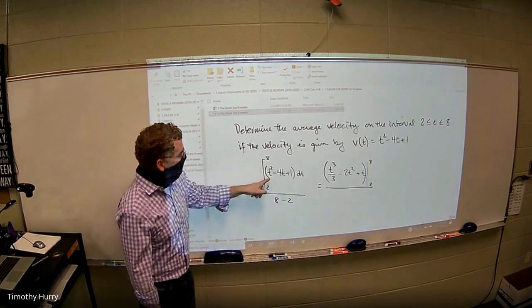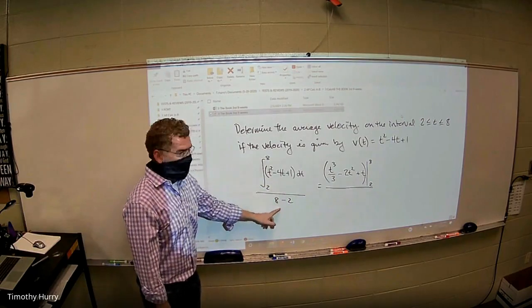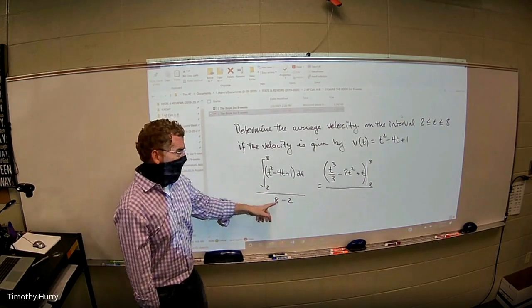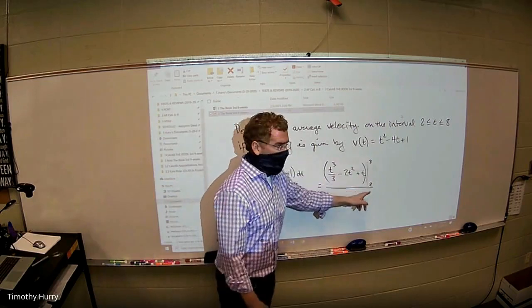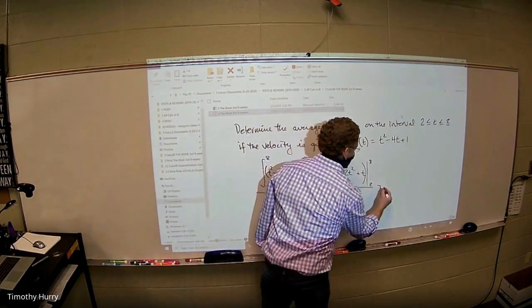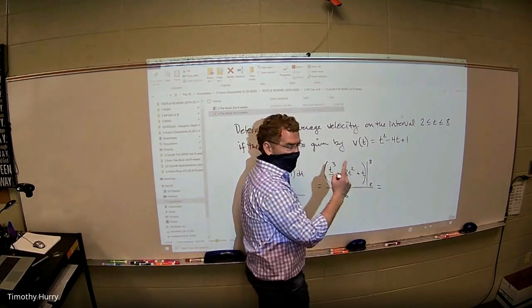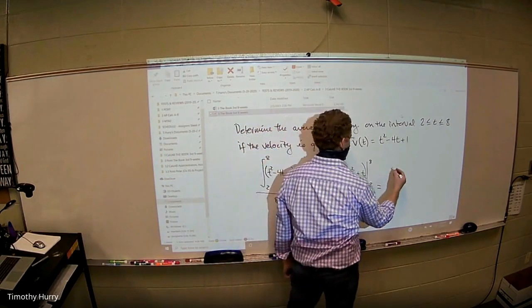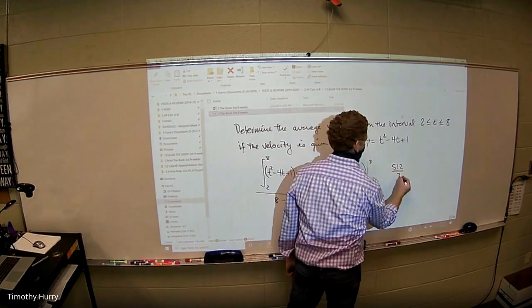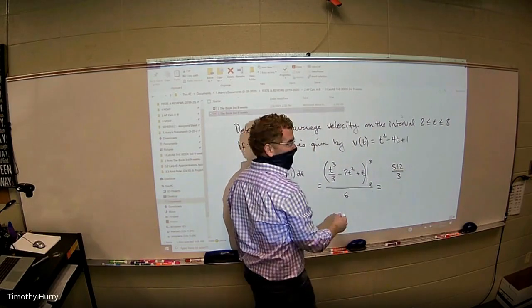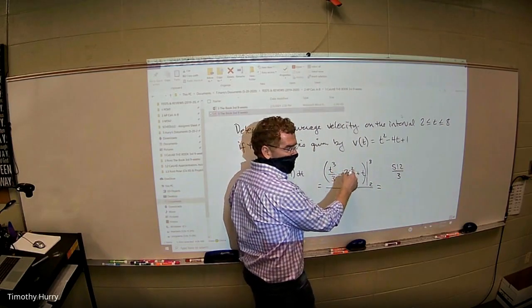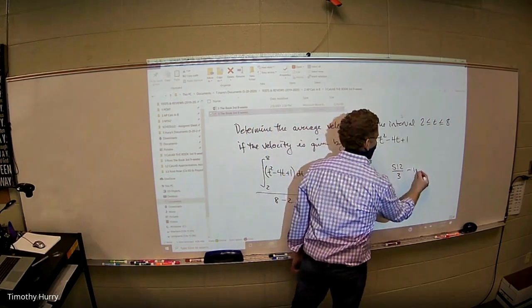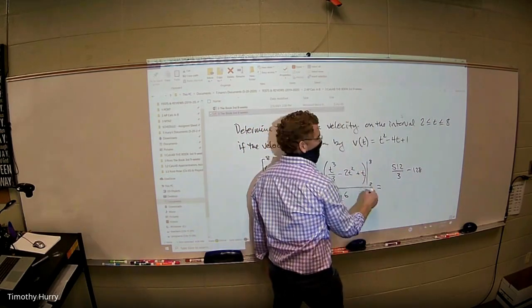So I'm giving you a point for the setup, maybe a point for remembering the denominator, a point for the integral in this form, and then showing me you know the first fundamental theorem, which says plug an 8 in. What's 8 cubed? 512, right? And then 8 squared times 2, 128, plus an 8.